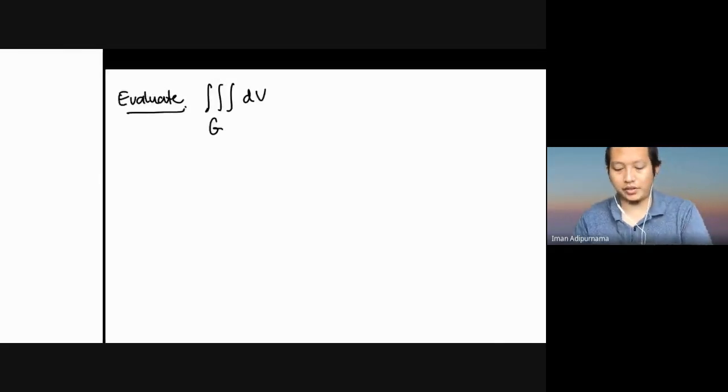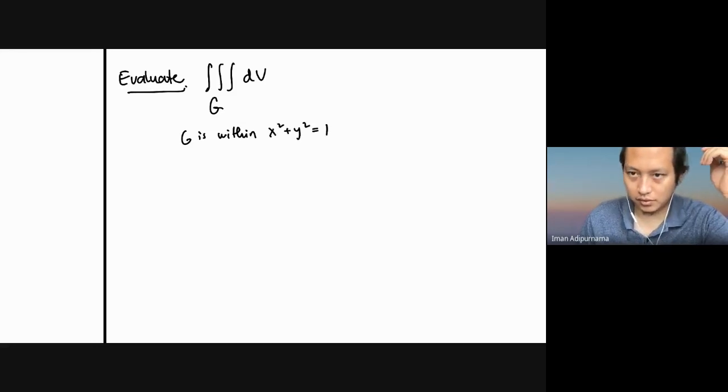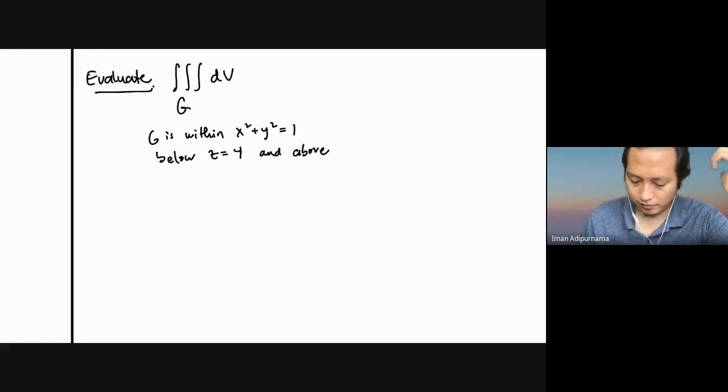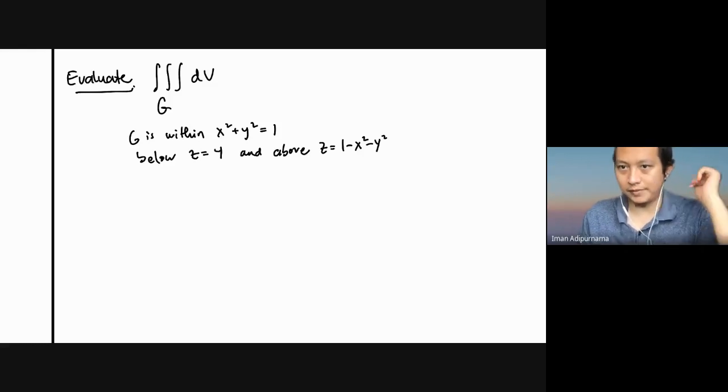So you have this triple integral where G is within this cylinder, below z equals 4 and above z equals 1 minus x squared minus y squared.